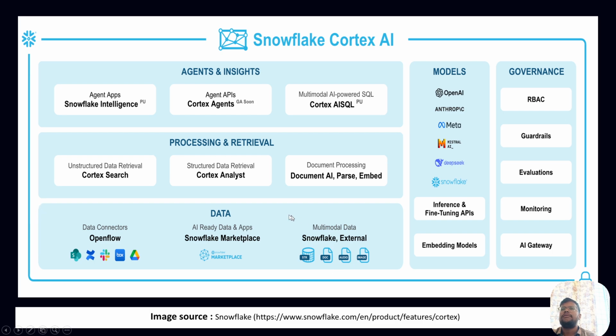On top of it, generally what happens is, suppose your data is unstructured, you will use Cortex Search. If your data is structured, then you can utilize Cortex Analyst. If you want to develop an agent which deals with both of these, you can use Cortex Agents.